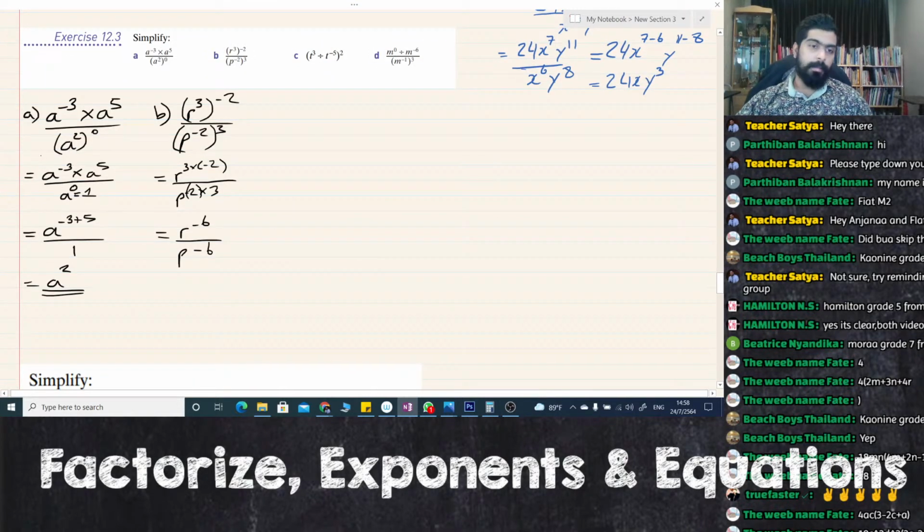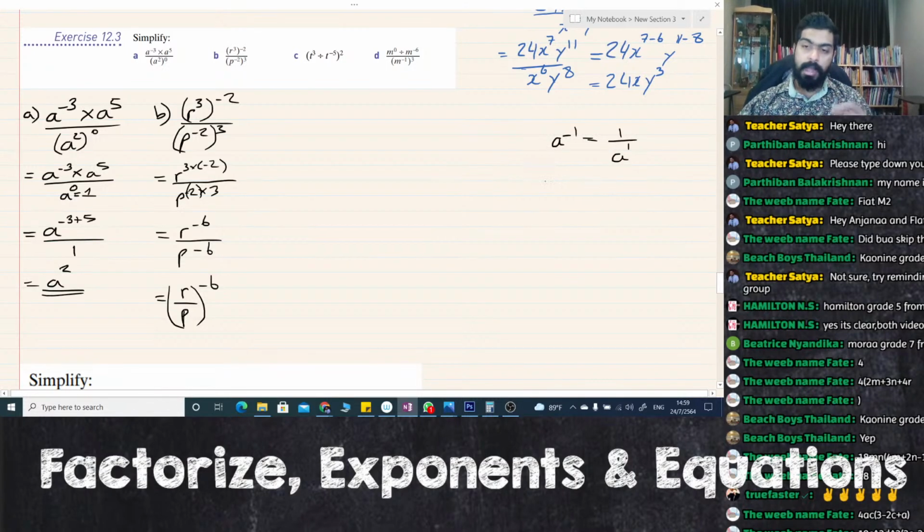All right, now coming back to this question. What we have here is r raised to the power of negative 6 over p raised to the power of negative 6. This is the same as r over p, all of it raised to the power of negative 6. Now we can use the negative indices law. It states that a to the power of negative 1 is equal to 1 over a to the power of 1.